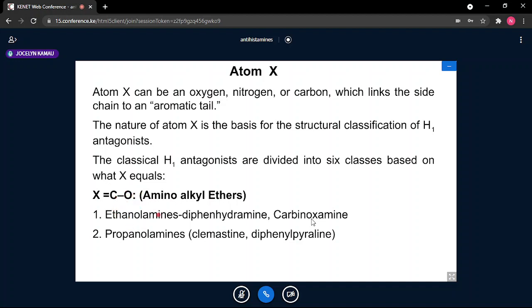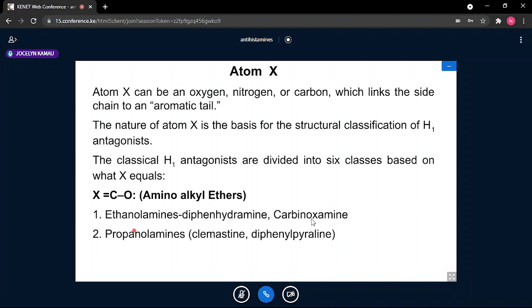When you have a carbon-oxygen, we will further subdivide them into what we call the ethanolamines and the propanolamines. The ethanolamines are where you have 2 carbon atoms, and that's why we are calling them ethanolamines. The propanolamines, where you have clemastine and diphenylpyraline, are where you have 3 carbon atoms.